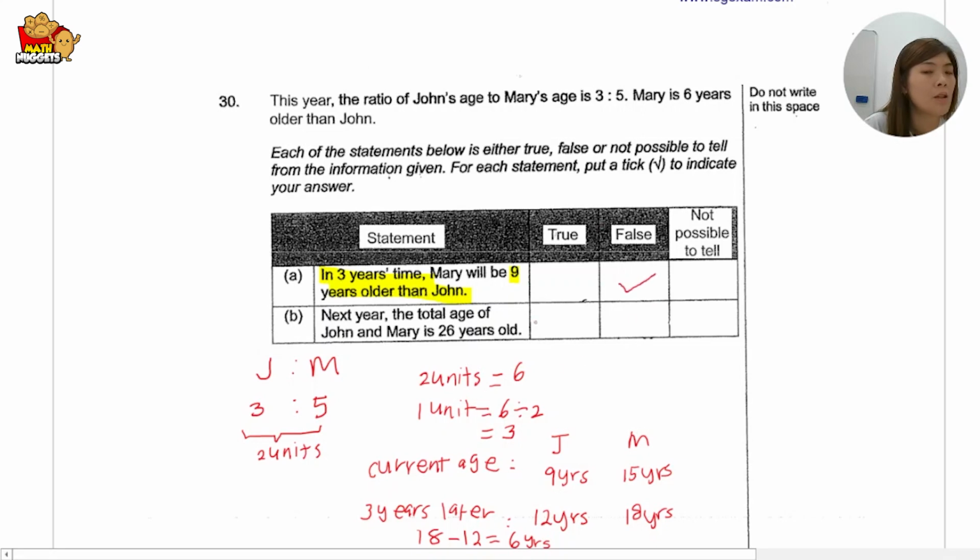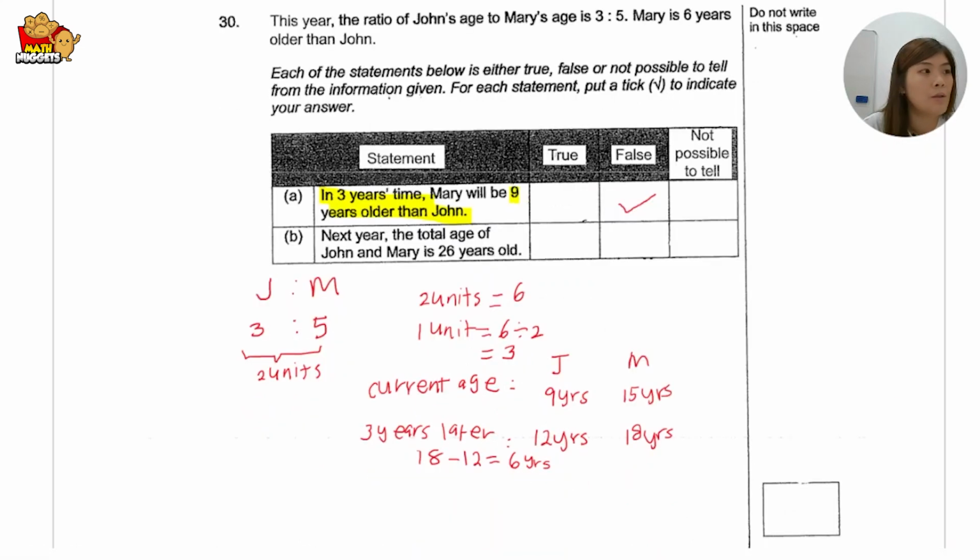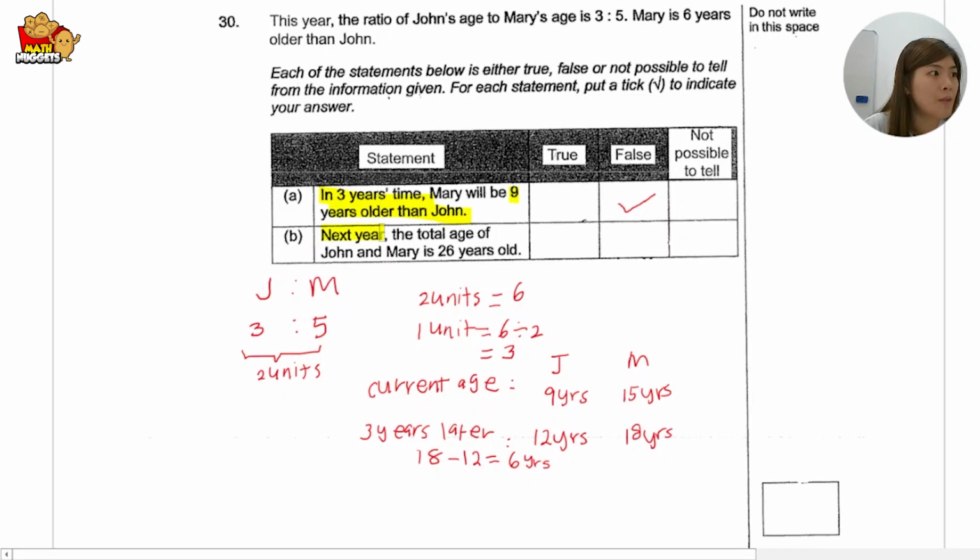Okay, moving on to the next part. Over here it says that next year, total age is 26. To validate their age again, their current age now is John 9 years old, Mary 15 years old, right? So next year, how old are they?